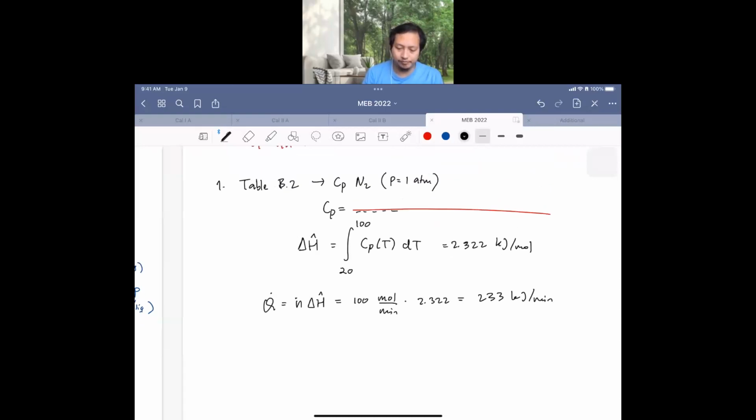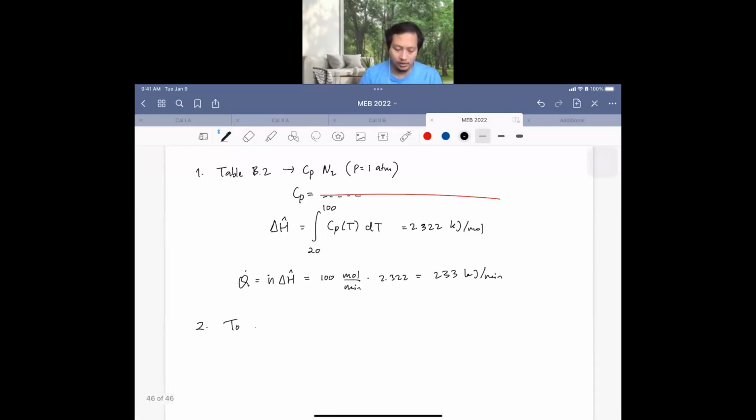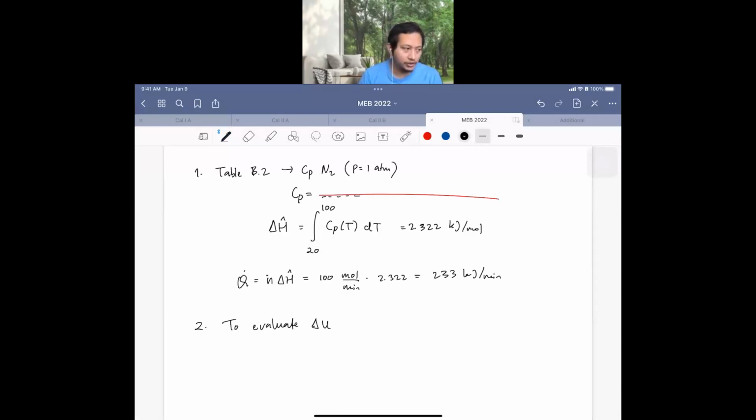For number 2, to evaluate the delta U, the internal energy, we need to find the N, moles.